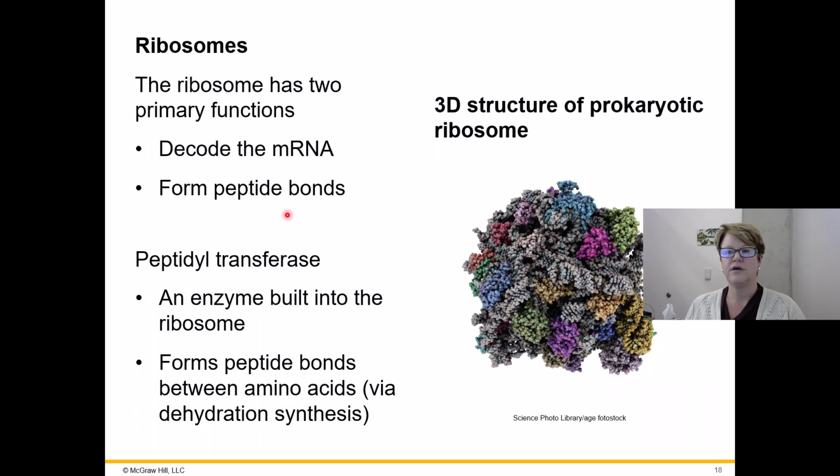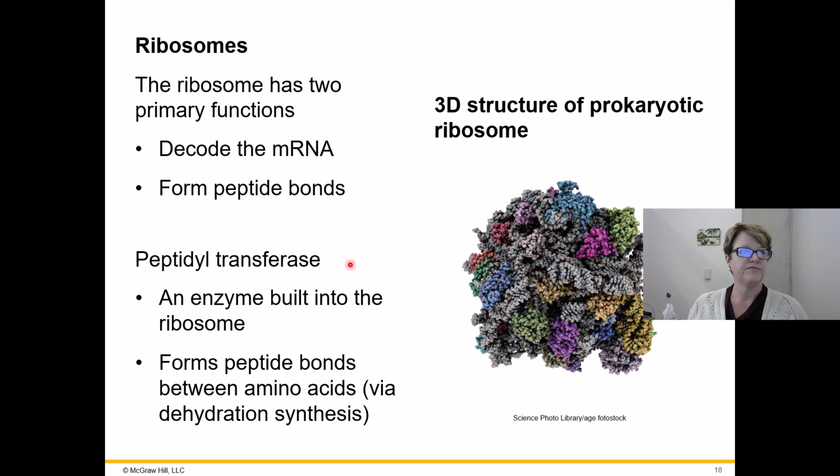Now the ribosome, we learned about the ribosome in chapter 4. Its job is to move along that mRNA and allow the correct tRNAs to come in and then make the peptide bonds between the amino acids. So that's the dehydration synthesis that joins the amino acids together.